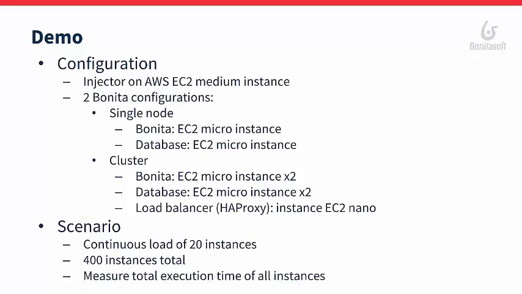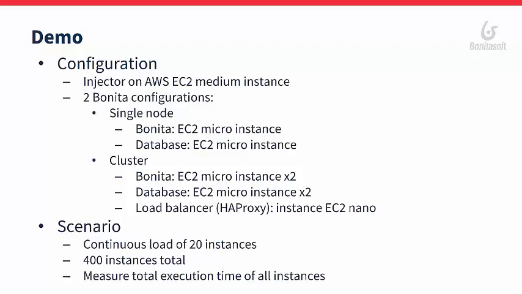The other part of our scenario here is the profile of the load we'll create on our Bonita platform. So in this test, as I said previously, we'll try to have continuously 20 running Bonita process instances, and we want to run a total of 400 instances of the process. So basically the injector will create 20 instances, and as soon as one instance is finished, it will ask for the creation of a new one.